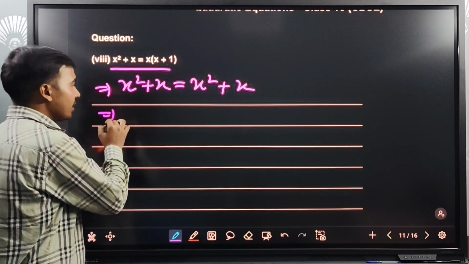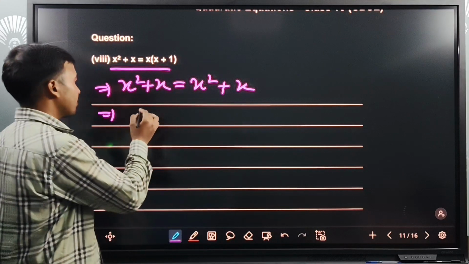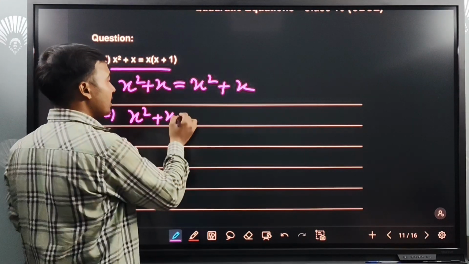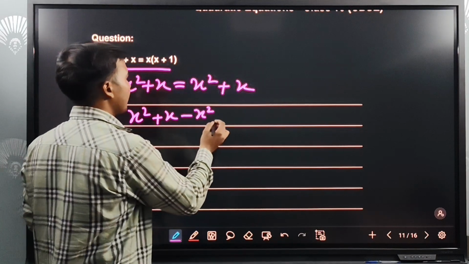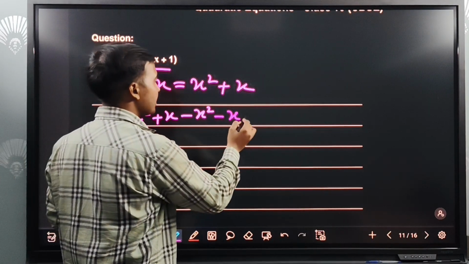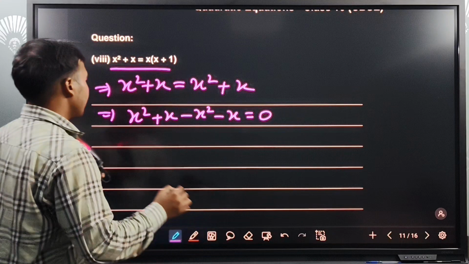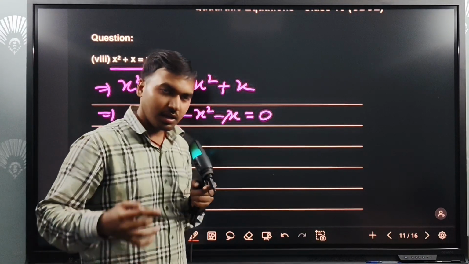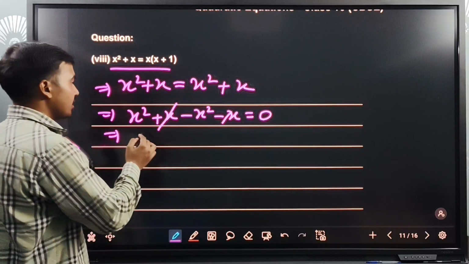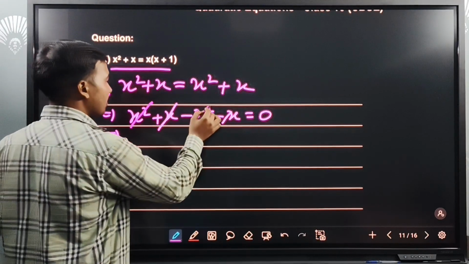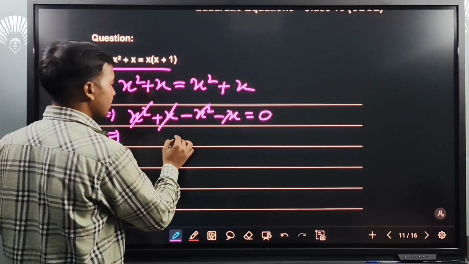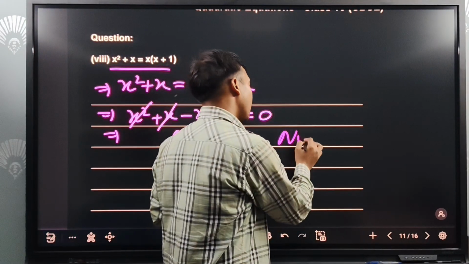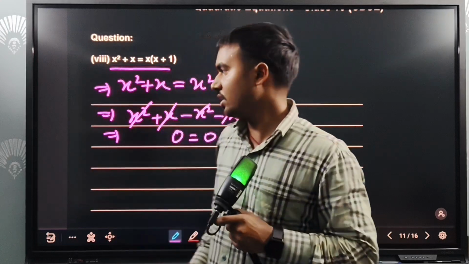Now bring all the terms to the left hand side, so you will get x square plus x, minus x square, minus x is equal to 0. You can see that plus x and minus x cancel each other, and x square and x square also cancel each other. So here you will get 0 is equal to 0.